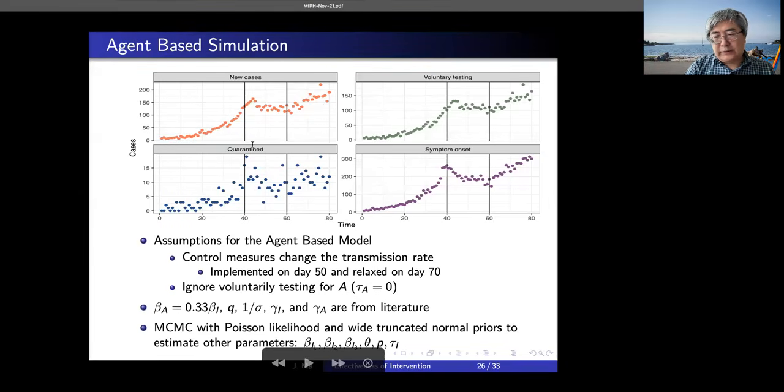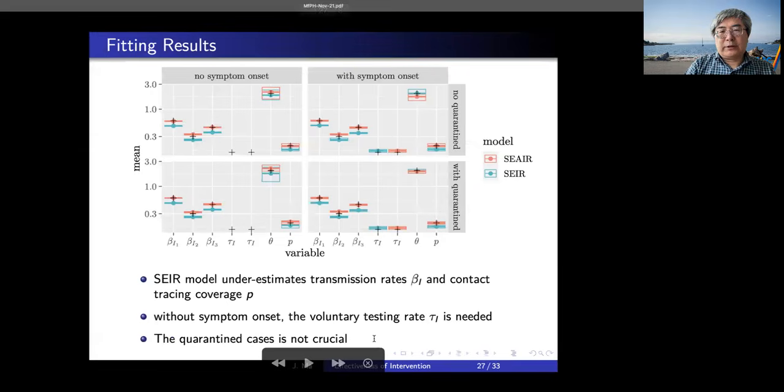So we need to fit the 3 transmission rates in these 3 periods, the testing rate tau I, and the contact tracing parameter, which here is the result. We fit it to both the SEIR and AIR models. You can see the 2 columns, where we include or do not include symptom onset data, and the 2 rows, where we include or do not include the quarantined cases.